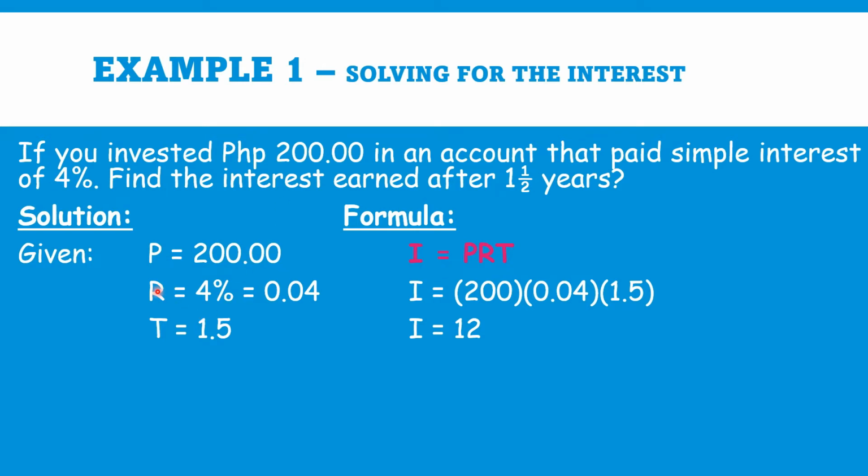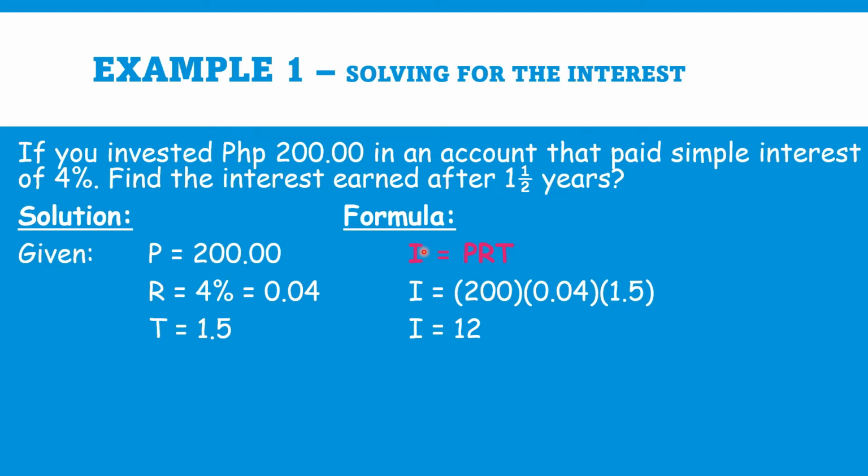The rate is 4%. We need to convert the percentage into decimal before we substitute it in the formula. So to get 0.04, that is 4 divided by 100. And our T, or the term, is 1.5 because the term is 1.5 years.